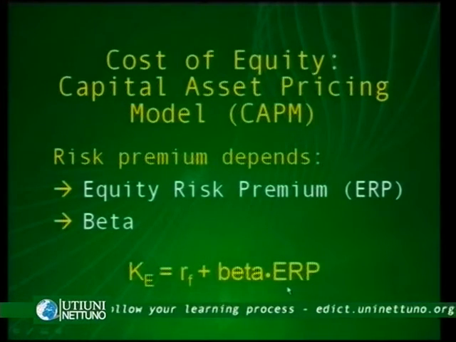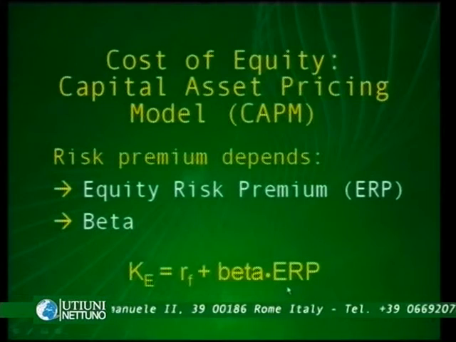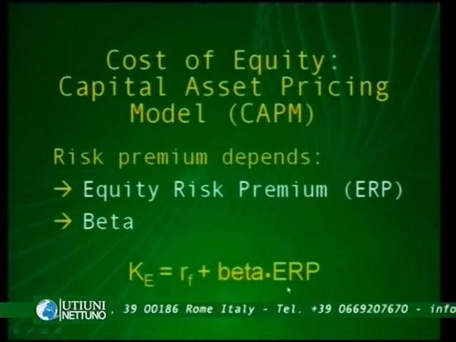In this case, applying the capital asset pricing model, we can easily calculate, depending clearly on the availability of data, but if data are available, we can easily calculate the KE, that is the return expected by shareholders from this project.